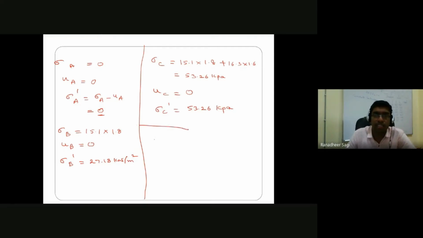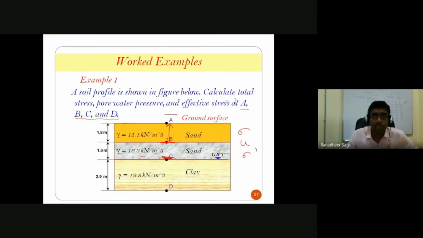Next, moving ahead, that is total stress at point D. Let us go ahead in calculating it. So total stress at point D is the effect of layer 1, plus layer 2, plus layer 3.